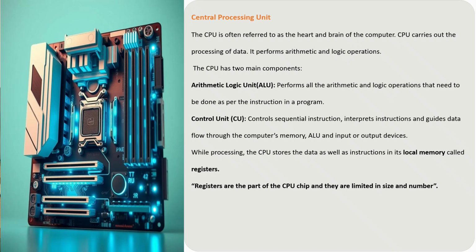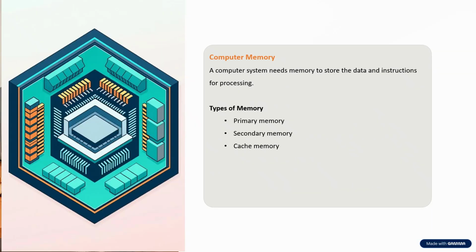These registers are located on the CPU chip but are limited in size. Registers are also a volatile memory used for high-speed access. Without the registers, the CPU would be significantly slower. So this is about the CPU, Central Processing Unit.